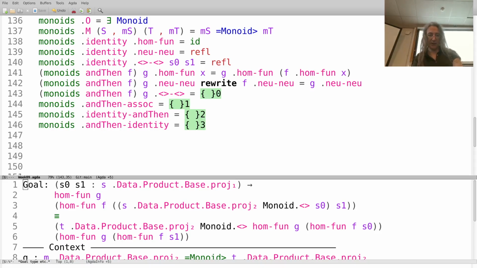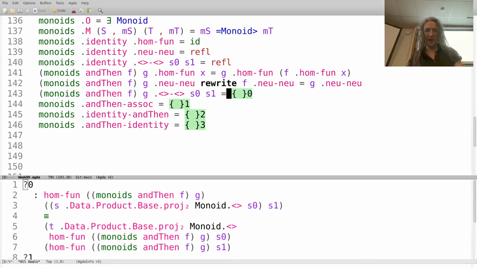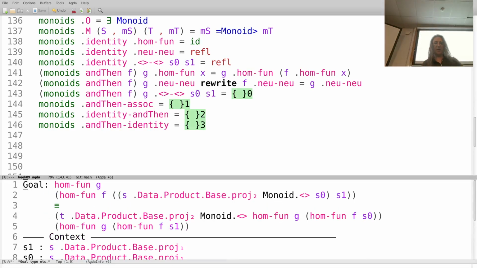Okay, so here we get an S0 and an S1, and you can tell it's going to be a very similar pattern, where we've got, although it doesn't look very nice, an inner source composition of S0 and S1, and I can get that to the middle using F diamond.